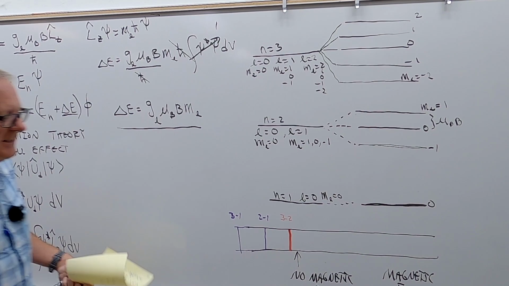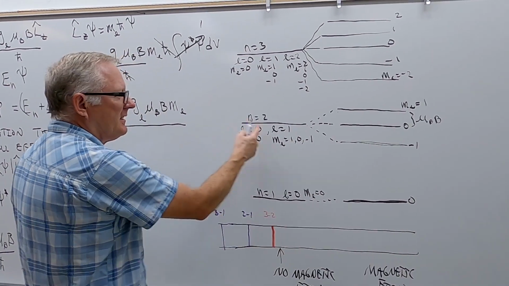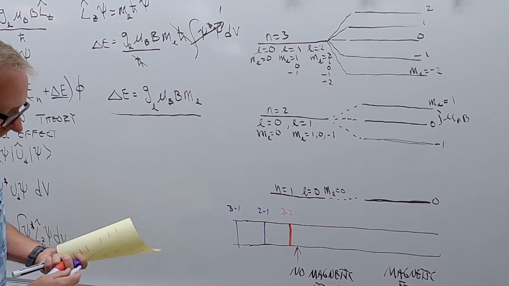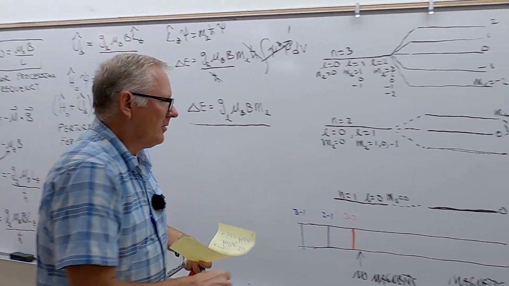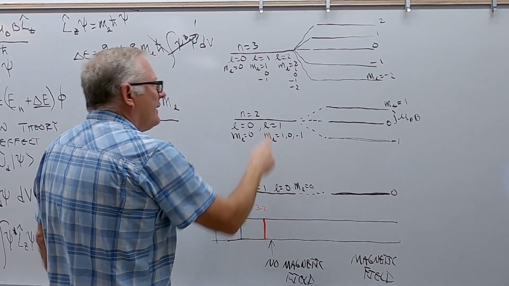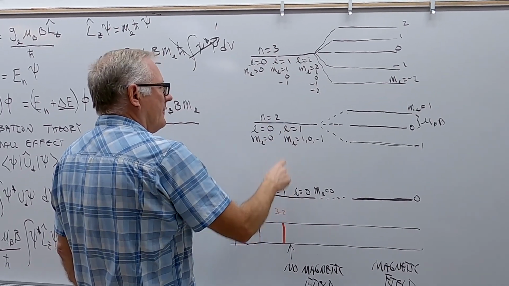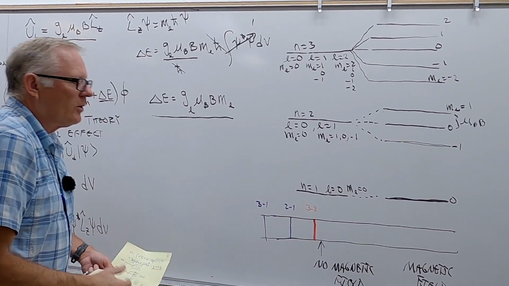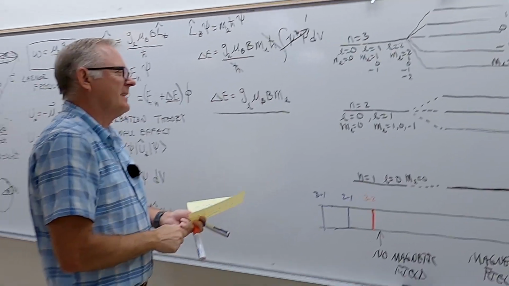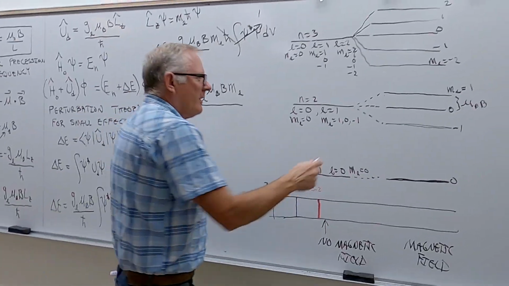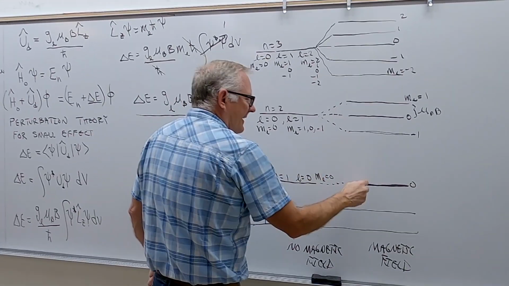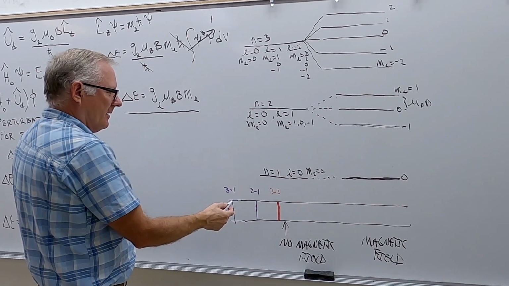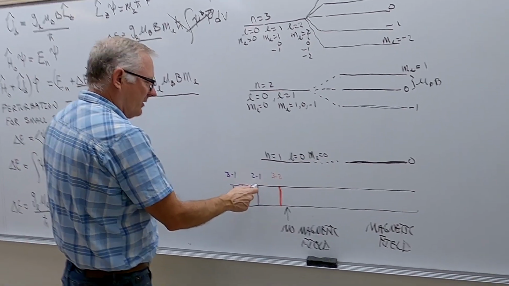Those would have been the 3. If we could have seen these, we would have only seen the lines that jump to the second level. But you notice there would have been the jump from here to here, or the jump from here to here, or the jump from here to here. Those are the 3 lines. Now, what would those 3 lines do in this situation? Well, the jump from here to here is exactly the 2 to 1.